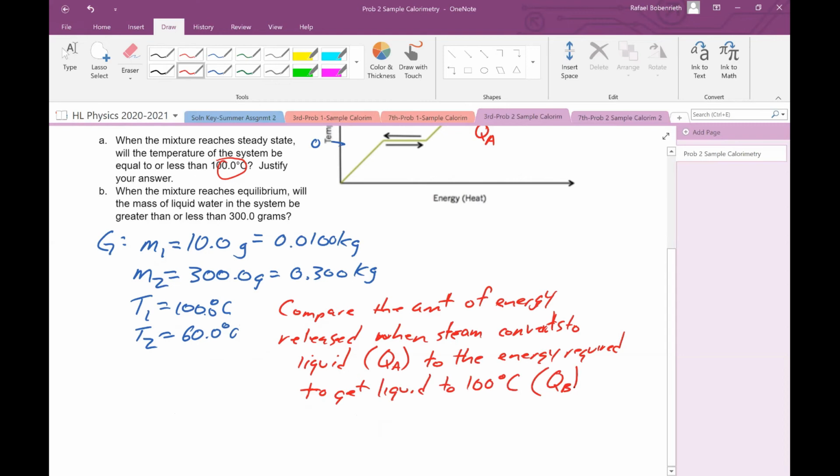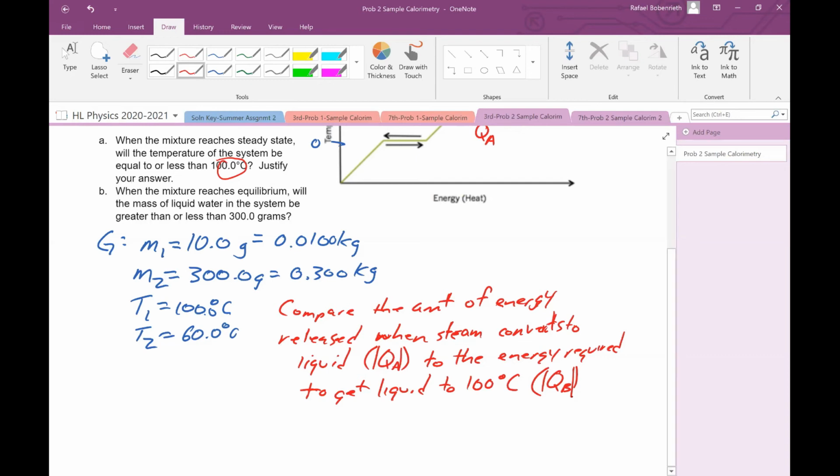And in fact, I want to be a little more exact. I'm looking at absolute values here, okay? Amount of energy, because in this case, the amount of energy that QA gives up goes into QB. If we discover that QA is greater than QB, then the liquid is all going to get to 100 degrees Celsius, and we'll have a steam-water mix at 100 degrees Celsius.